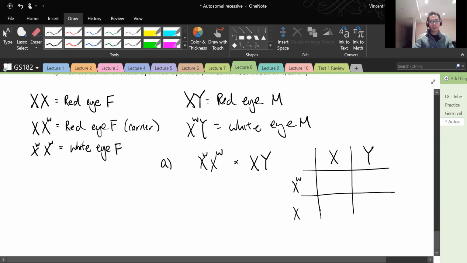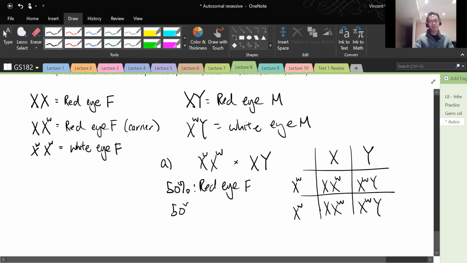And then for the female fly, all of it would be X^W. So when we do the Punnett square, we'll get this result. So 50%, half of the time, you will get a red eye female. And 50% of the chance, you will get a white eye male. Okay.